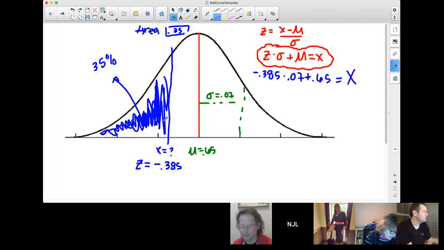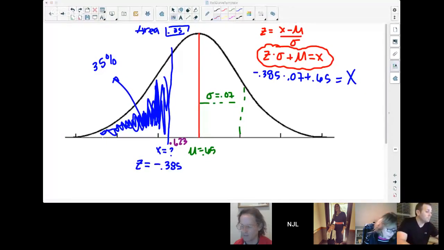So would it be 0.623? Makes sense to me. Anybody else? Yeah, I got that as well. 0.623, right? Okay, so a protein level of 0.623 is equivalent to being in the 35th percentile.